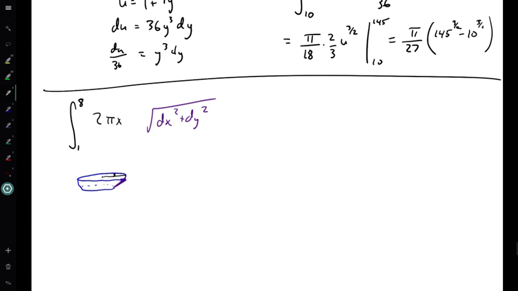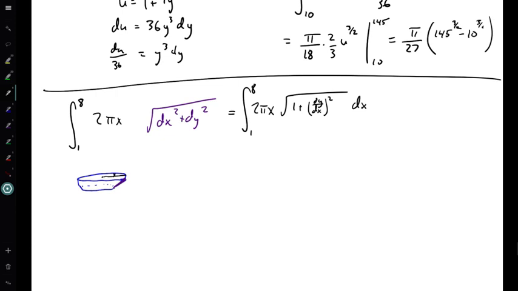And I'm thinking about using x as my variable here. So when I'm factoring out of this square root of dx squared plus dy squared, I want to factor out a dx squared to give me the integral from 1 to 8 of 2 pi x times the square root of 1 plus dy dx squared dx.